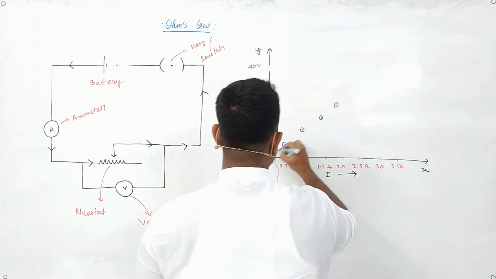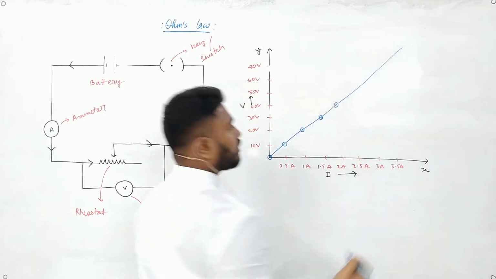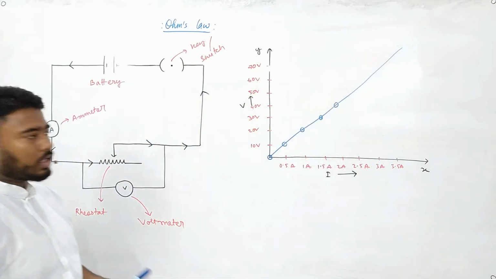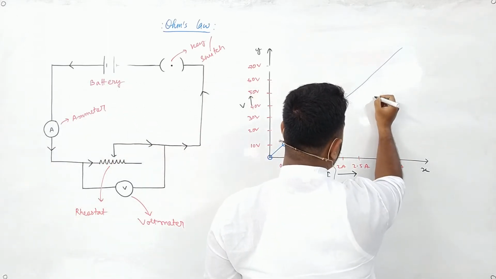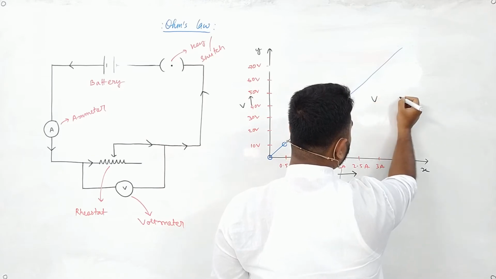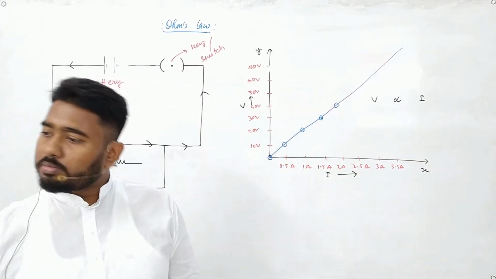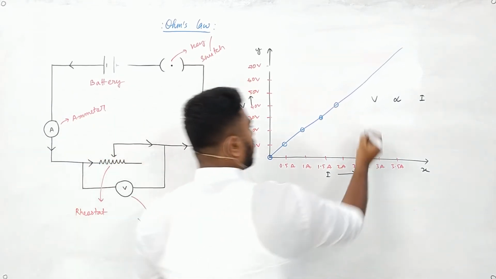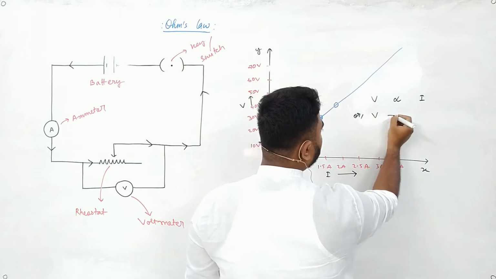So in this way we will get a straight line. What kind of line? Straight line. So Ohm saw that voltage is proportional to current. Or to remove the proportionality sign, we need to bring a constant.